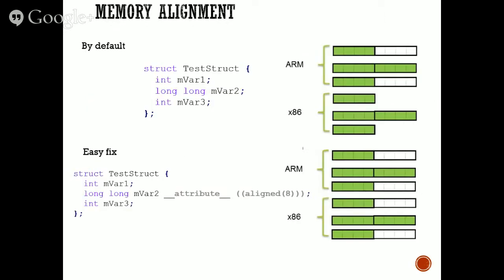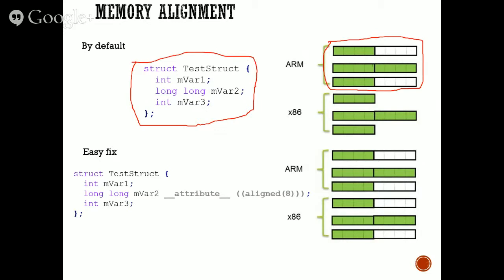One of the basic differences between the ARM architecture and the Intel architecture is the memory alignment. By default, ARM always takes a double memory alignment. If you look at this particular structure where you have two int variables and one long variable, you can see that ARM allocates equal memory to all the variables.